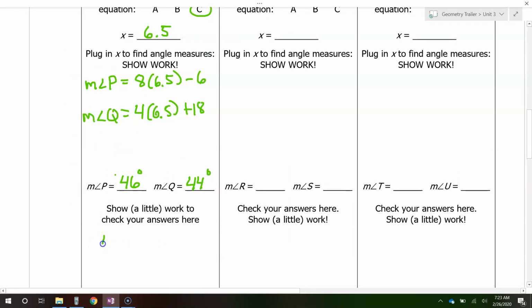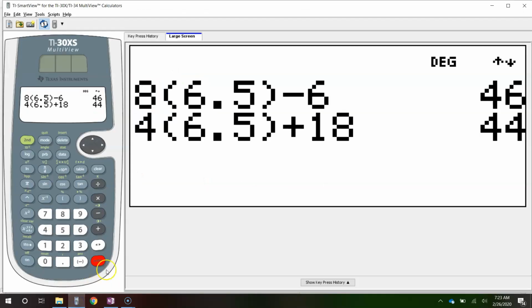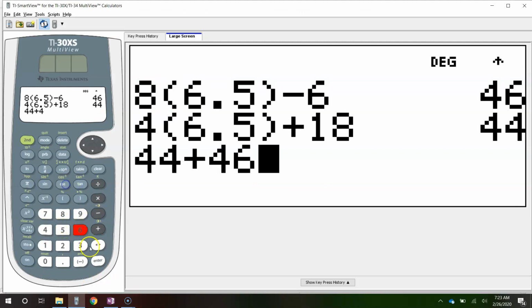So that means to check my answer, I should add these up and see if they equal 90 or not. So 46 plus 44, we already know that they do add up to 90. But let's go through the motions. And sure enough, we get 90.